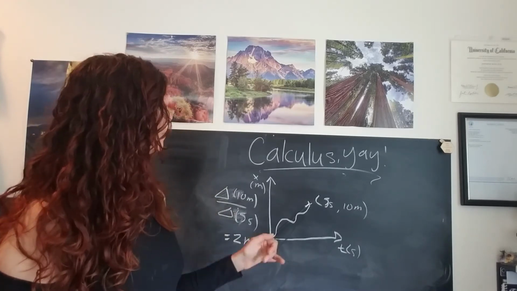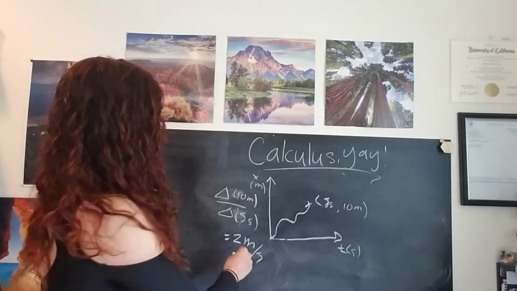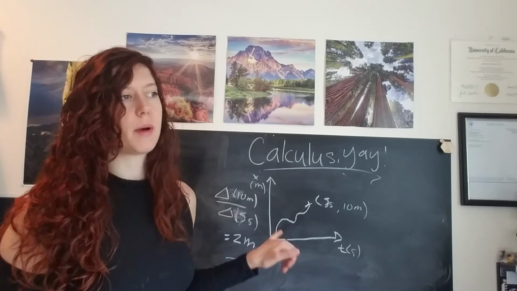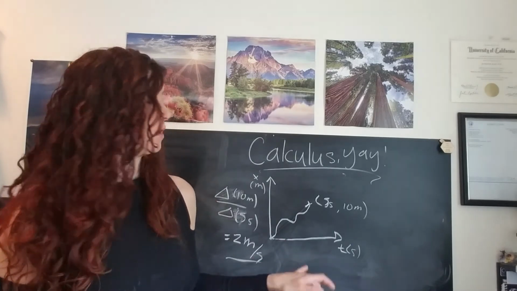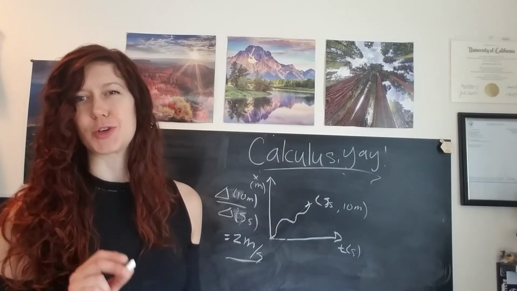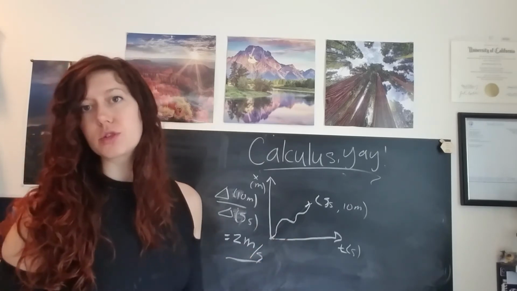And so I speed up. So now all of a sudden, I don't have that nice straight line, and this sort of still works. You could say that my average pace from my house to 10 meters away, it's a close train station, was 2 meters per second. That's cool.